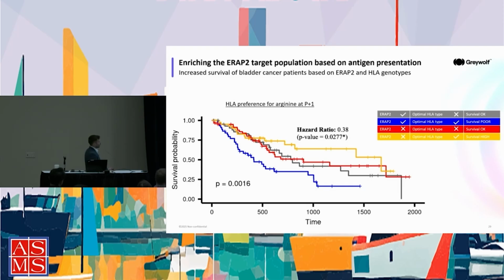If instead you do have this optimal HLA type, and you have genetic knockout of ERAP2, then you have better survival. So this would be a phenocopy of what we aim to do with inhibitors in the clinic. And then the reverse is true, that if you do have this optimal HLA type and you have active ERAP2, well, we think you're getting trimming of those peptides, and therefore the survival is less.